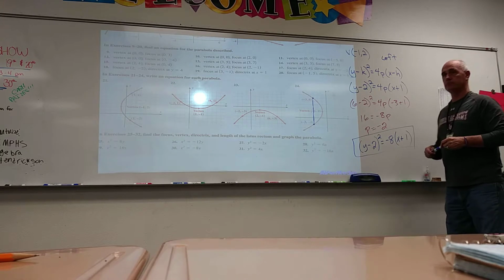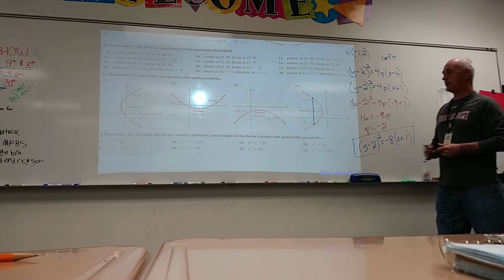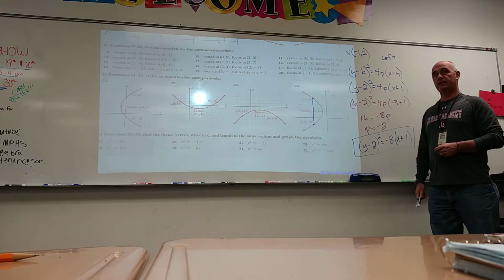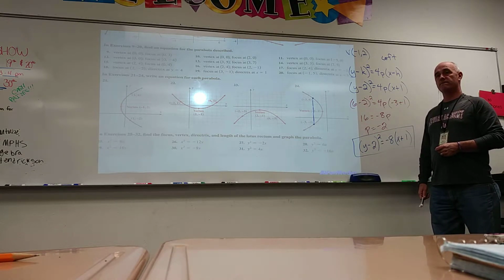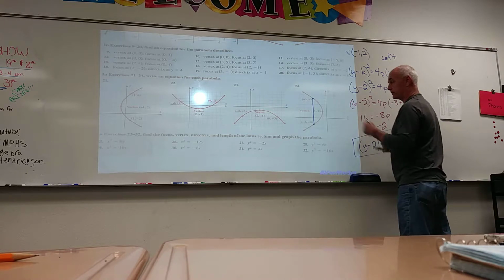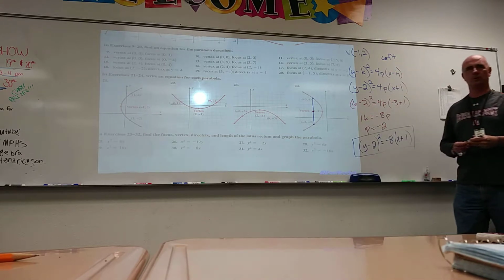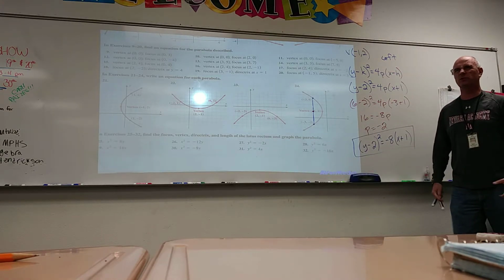P is negative 2, and that's the distance. Then to find the focus, we would move 2 units to the left from the vertex. There's the vertex, 2 units to the left. There's the focus.